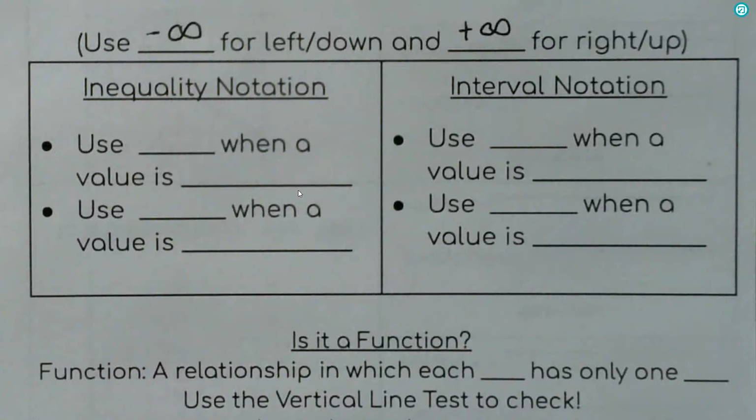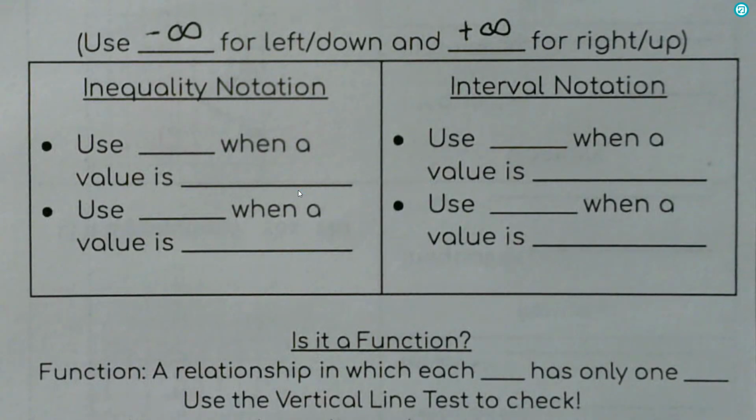If I were to only teach you one or the other, then there's a 50% chance you're going to see it the other way. So we're going to teach you both. We're going to show you how it's the same thing, just written two different ways. It's like if I were to write your first name and then your last name, or I were to write your last name and then comma your first name. It means the same thing on my roster, regardless of how I write it out, okay?